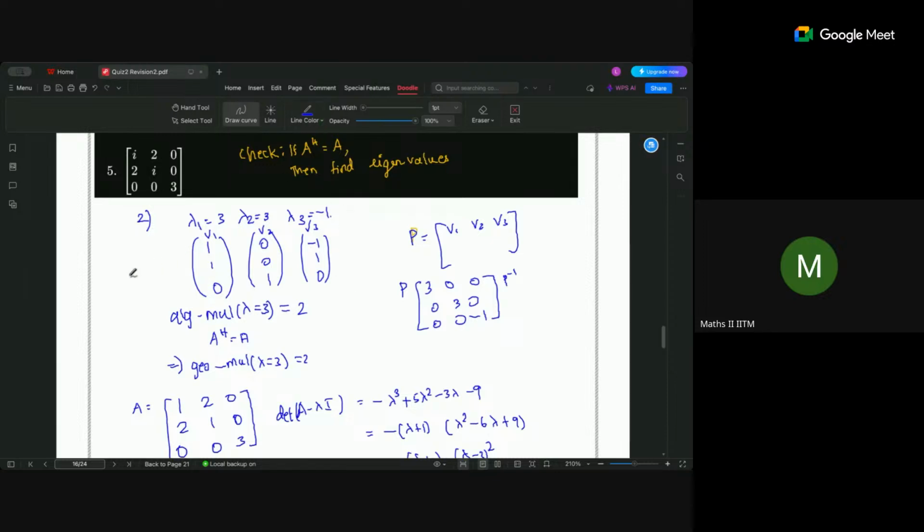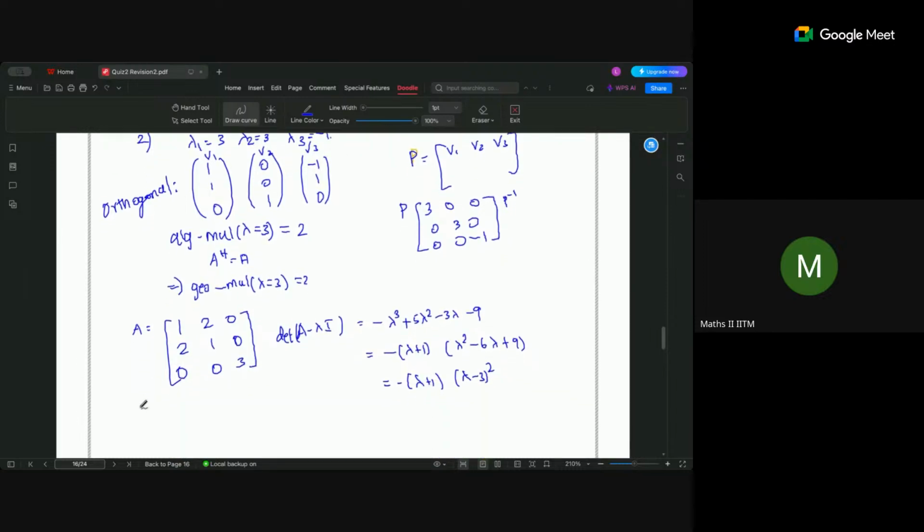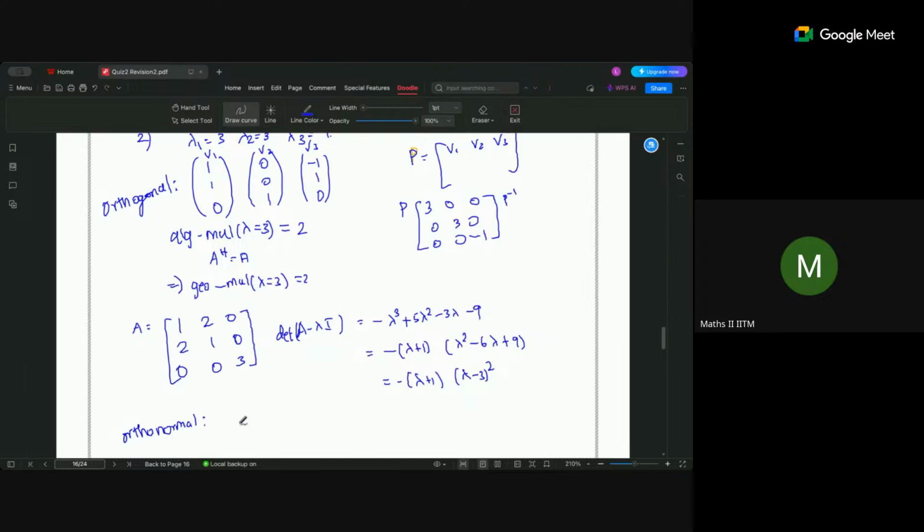To make it orthonormal, only one step is required. You take V1 by norm V1, V2 by norm V2, and V3 by norm V3. Now this is an orthonormal set.